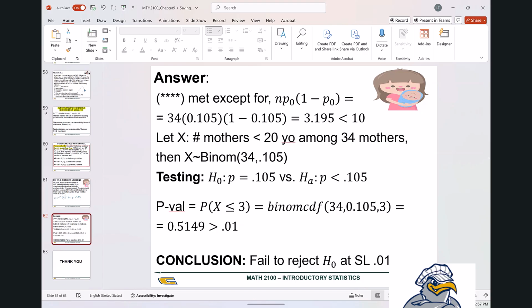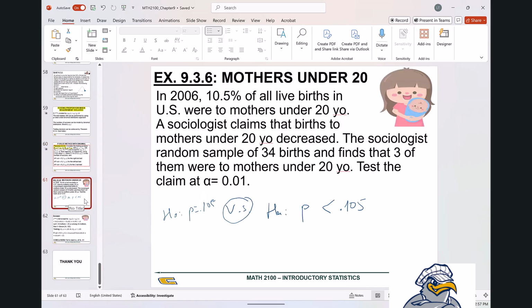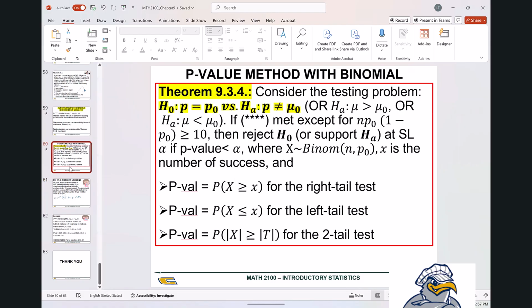So what we do is use theorem 9.3.4 in this case. You should not use the normal approximation with 9.3.2 or 9.3.3 to make the decision. Because we work with a left tail test problem, we just follow this track.